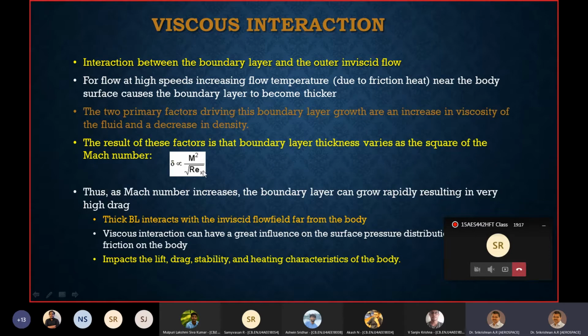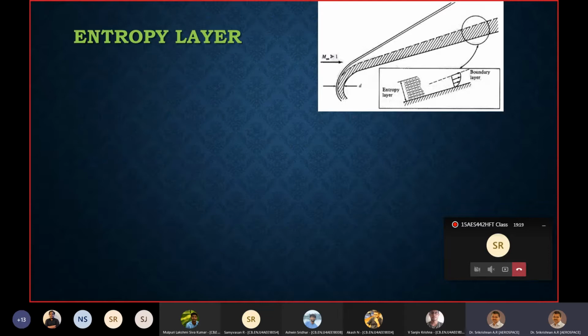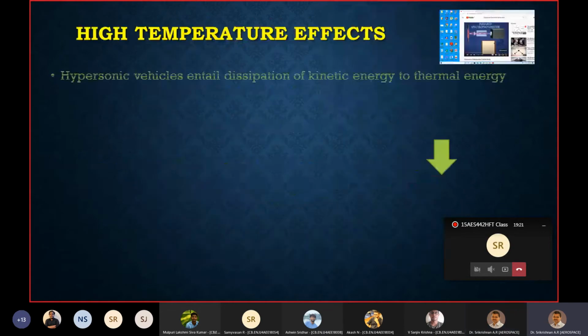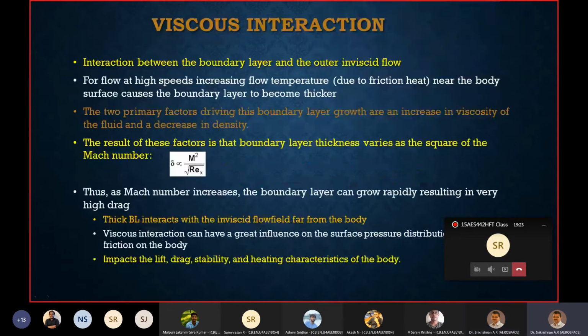This is one reason why in the design of hypersonic vehicles, the body and the engine cannot be independent of each other. In fact, the engine has to be part of the body. So the engine body integration is a major issue in hypersonic flow applications, hypersonic propulsion.